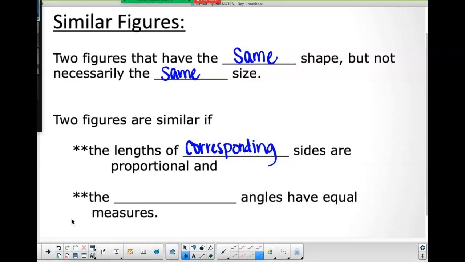And the second one, the corresponding angles have equal measures. Does anybody know what corresponding means?